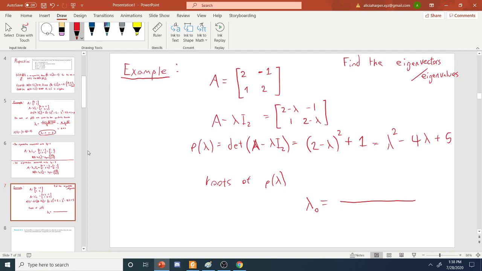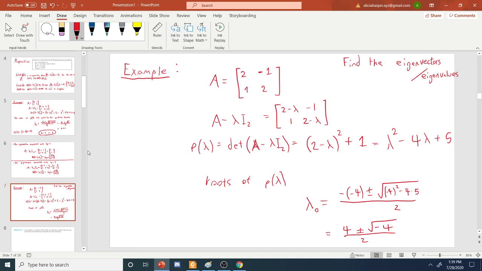So here I'm going to get negative negative 4 plus minus the square root of negative 4 squared minus 4ac. In this case, a is 1, c is 5, so 4 times 5, all divided by 2. And so this ends up being the same thing as 4 divided by 2 plus minus the square root of negative 4.